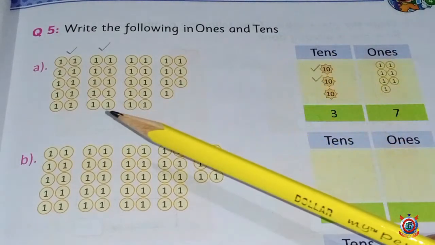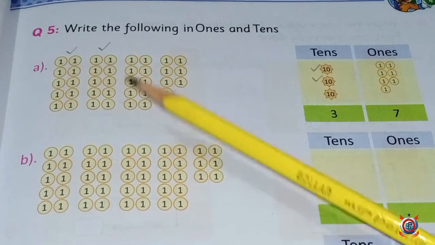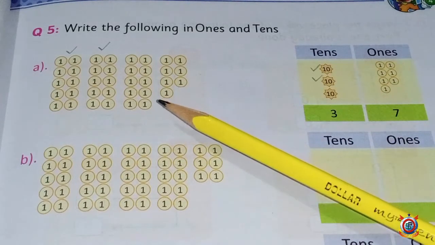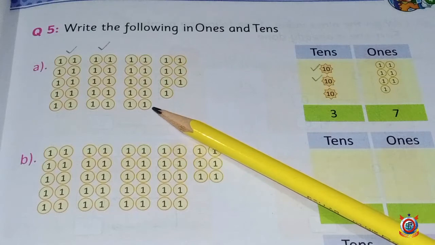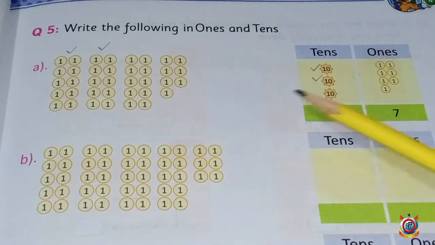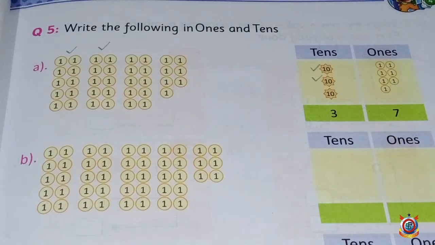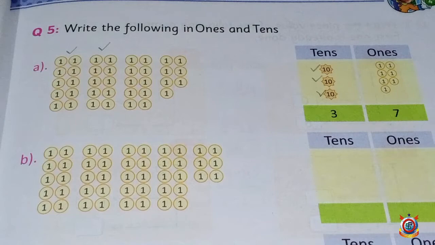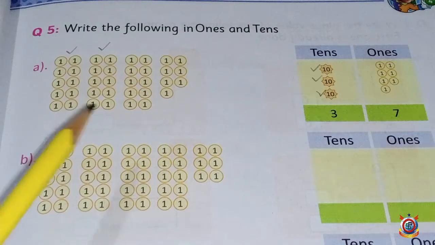Now on the second one we have put a tick. Now we have the third pair of 10 ones which makes a single 10, so we will put a tick over here. Very good.